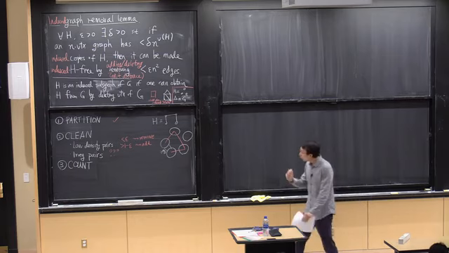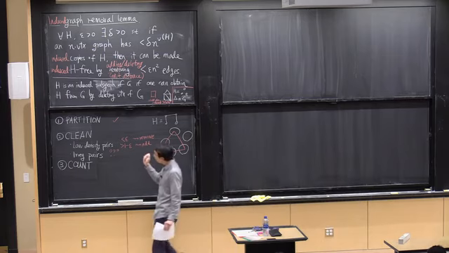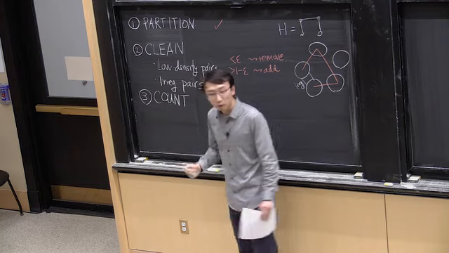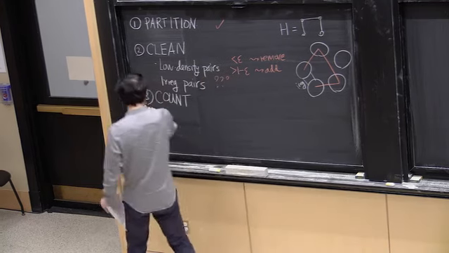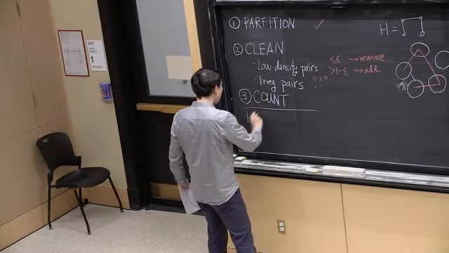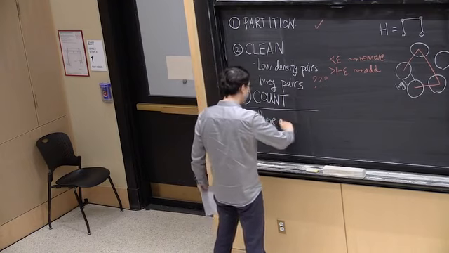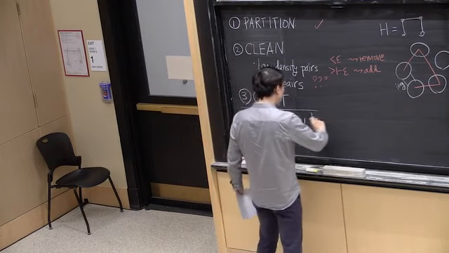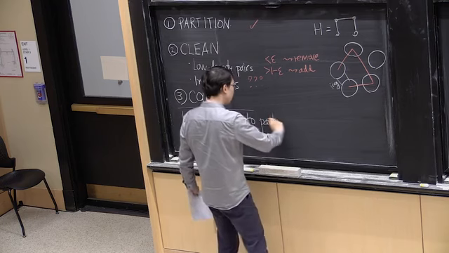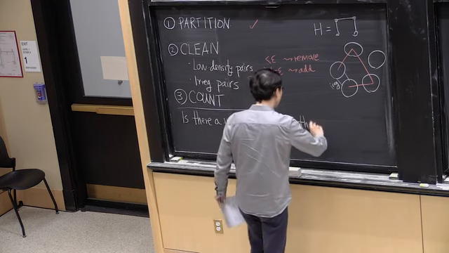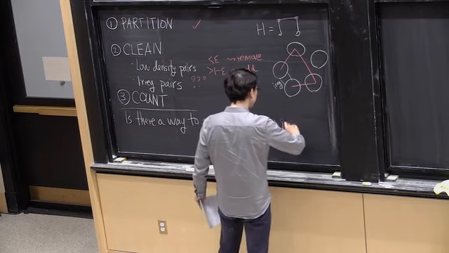Somehow we need to find some kind of regularity partition to get no irregular pairs. So the question is, is there a way to partition so that there are no irregular pairs?